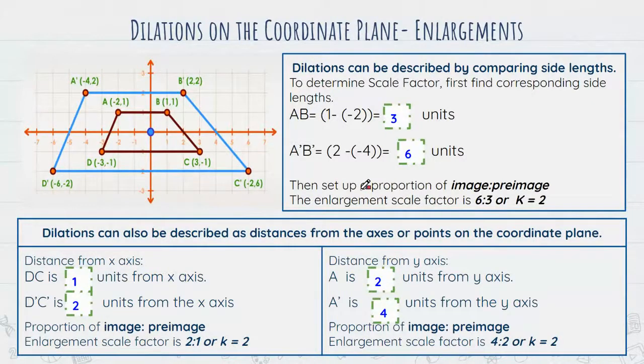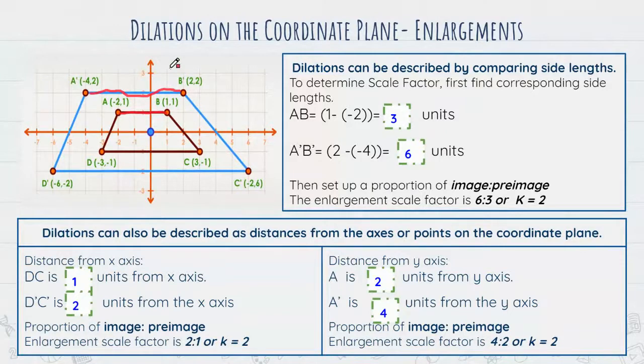Dilations on the coordinate plane, enlargements. Dilations can be described by comparing side lengths. We are going to choose the side lengths AB and A prime B prime. So we need to look at the distance between these points.